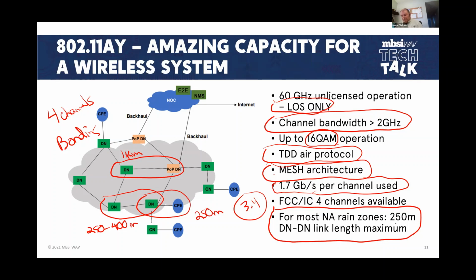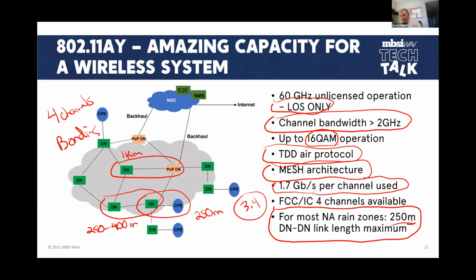Also, rain becomes very significant, just like at, you know, anything really above 20 gig. Rain is also a significant factor in attenuation over the link here, which also contributes to that 250 meters.